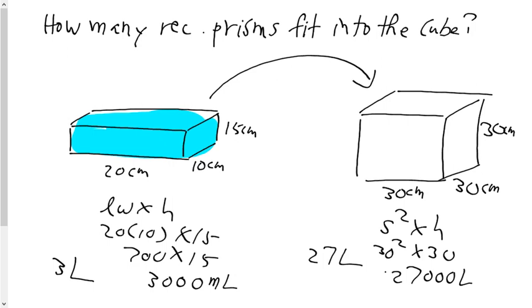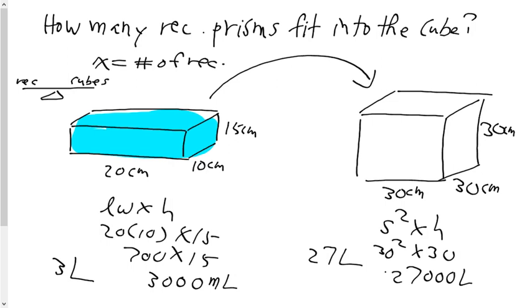However, if we think about x as being the number of rectangular prisms, and we set it up as an algebra question, what we really want to happen here is we want our rectangular prisms to equal our cubes. But we know one's not enough. So if I think about x being the number of rectangular prisms, each of those prisms has a volume of 3 liters, right?